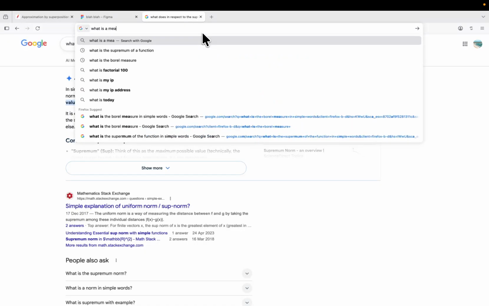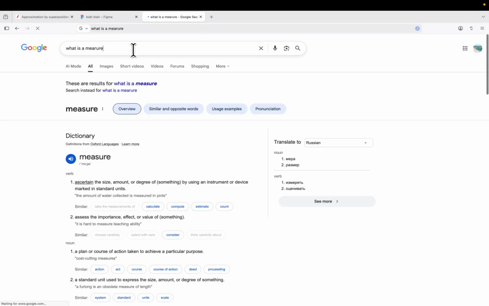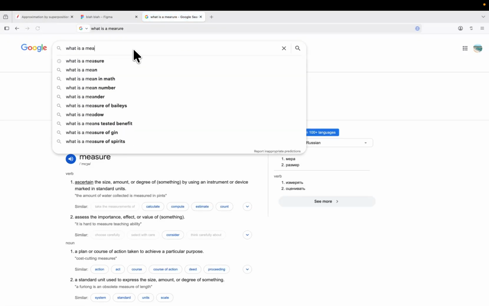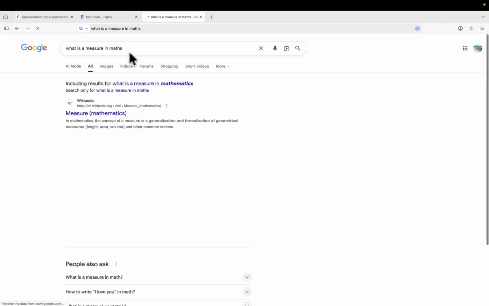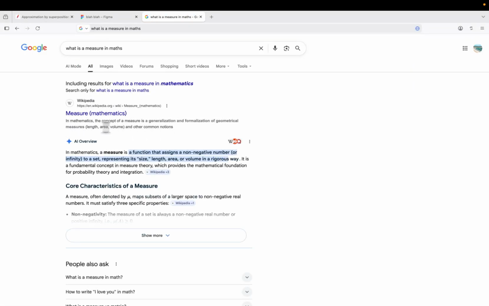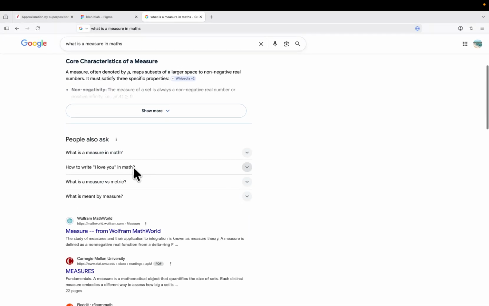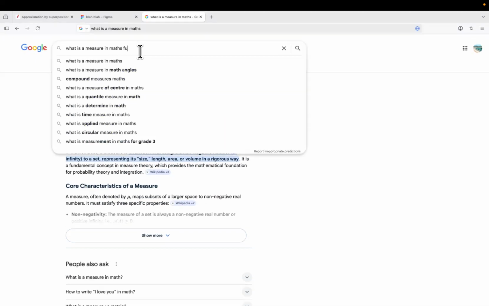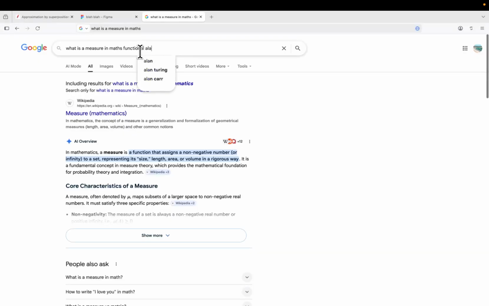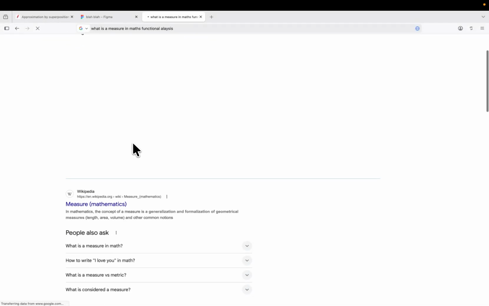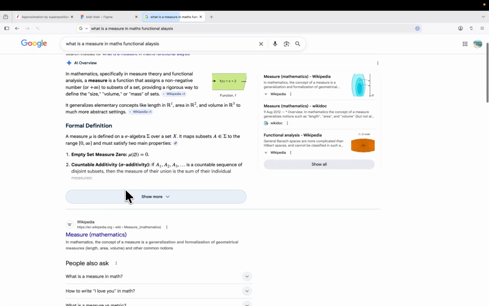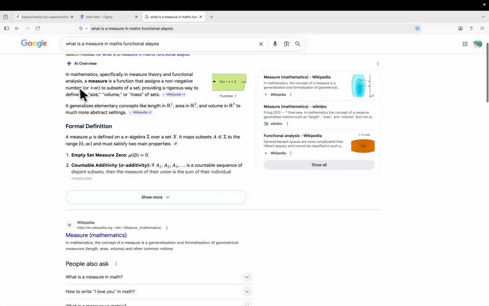What is a measure? I just wanna make sure. Measures and functional analysis: non-negative number to subsets.